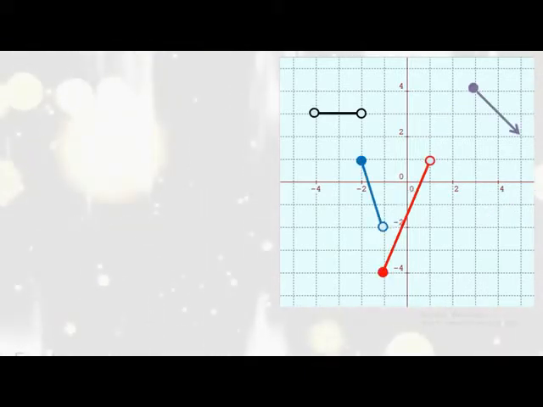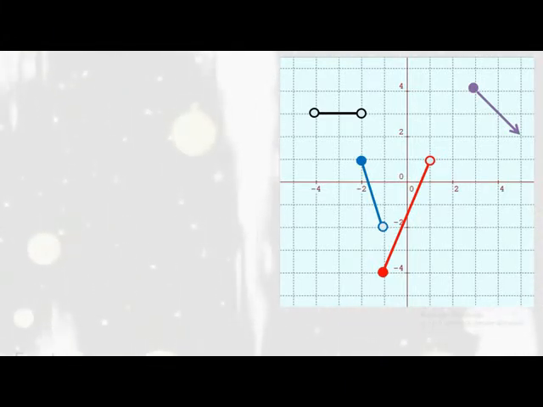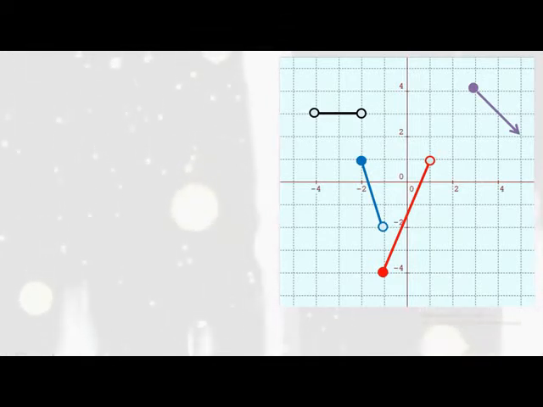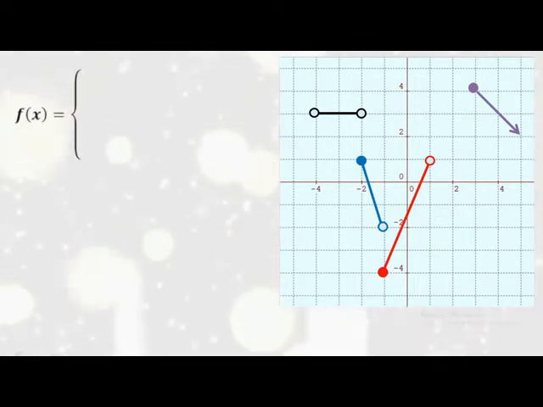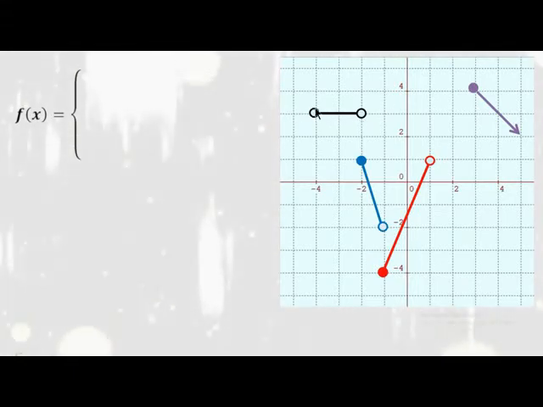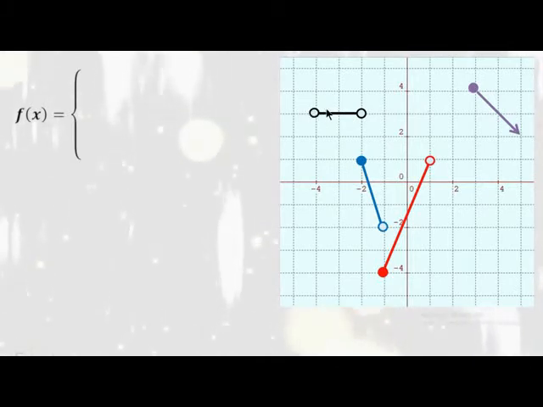How about this piecewise defined function? As you can see, there are 4 straight lines. So in order to define this function, you have to find each domain and each equation of those lines. So let's start with this one. This is the line where both its edges are empty dots.